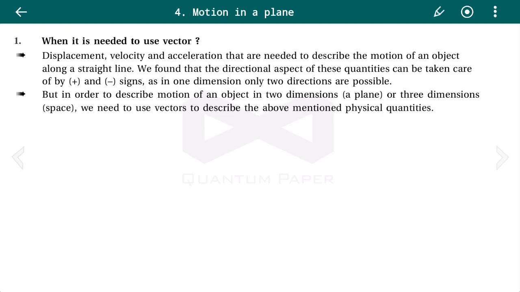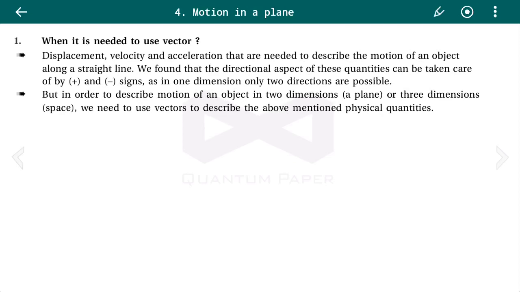Dear students, we had discussed the motion of an object in chapter number 3, right? There we discussed the motion of the object in a straight line, and the displacement, velocity and acceleration were needed to describe that motion.